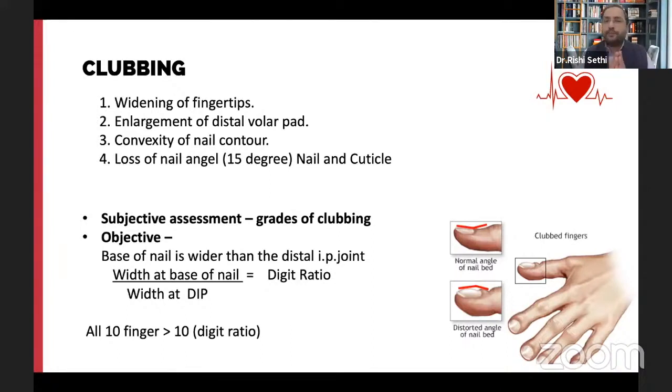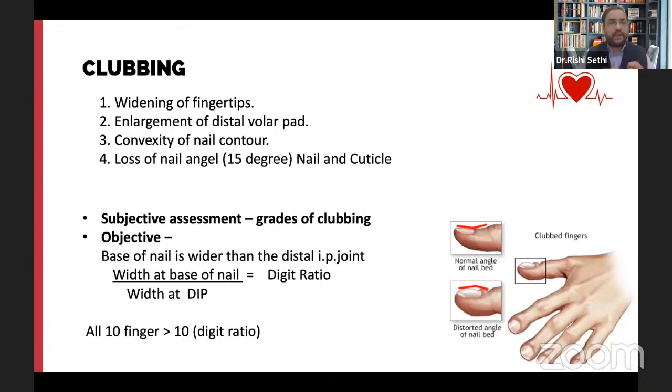But there is also an objective method to judge clubbing, and that is, in normal people, the distal interphalangeal joint is broader than the base of your nail. But in clubbing, the base of the nail becomes wider than your distal interphalangeal joint.